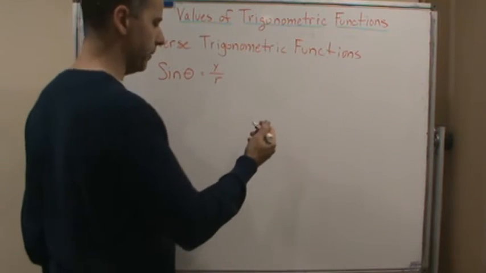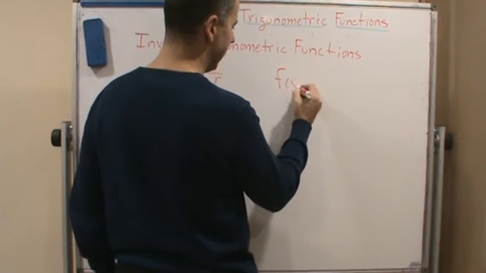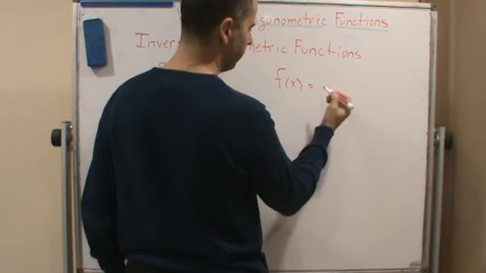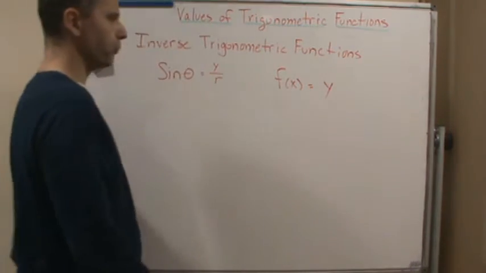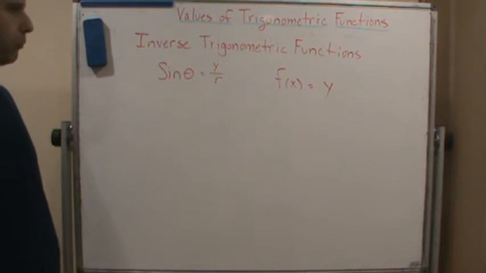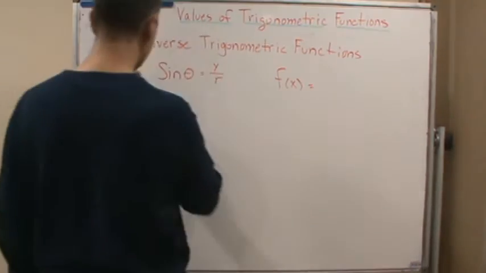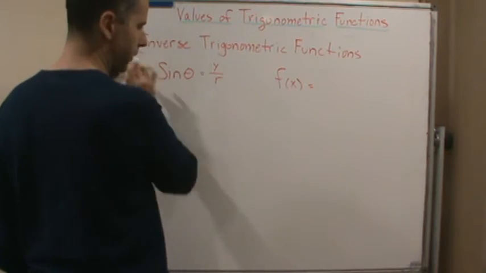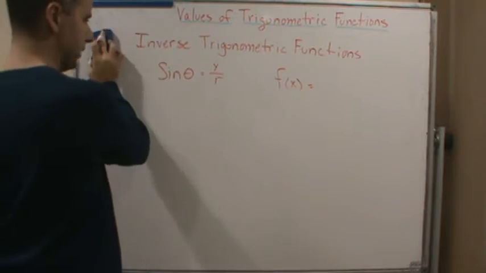If you have f of x equal to some function of x, and you want to solve for an inverse function, well, you would find the inverse of the function to undo it.